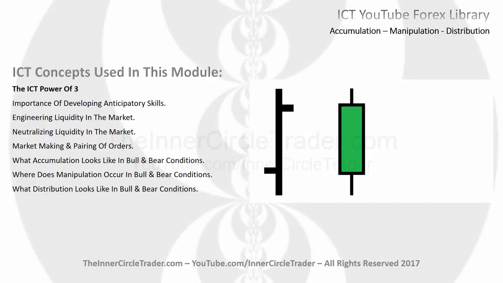But for the sake of our discussion here, and for something you can practice and look for a few times a week, the ICT Power 3 is basically a concept of looking for accumulation, waiting for manipulation, and then looking for a period of distribution.